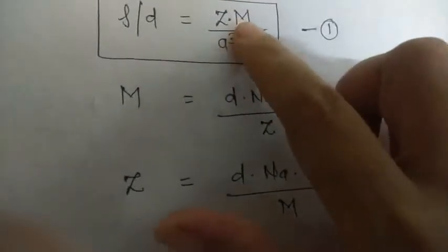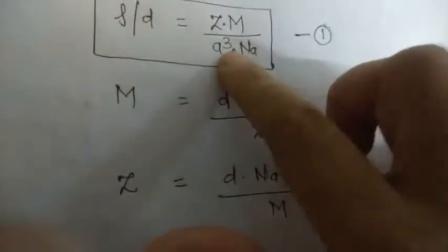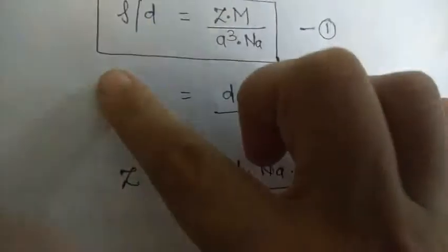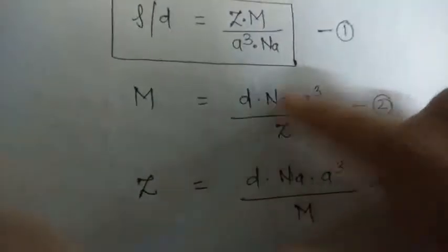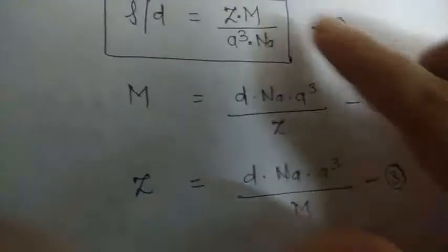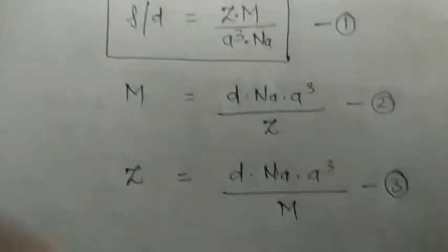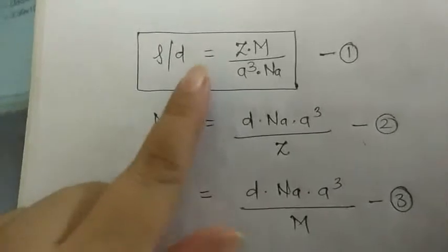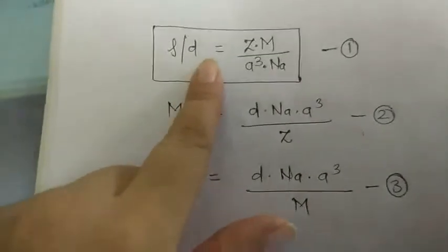If somebody asks you to take out M, you will write this formula only, take M this side, and these values will get cross multiplied and this will get reversed. I hope you know how to take out the values from left to right and right to left. So learn only one formula to avoid the confusion.